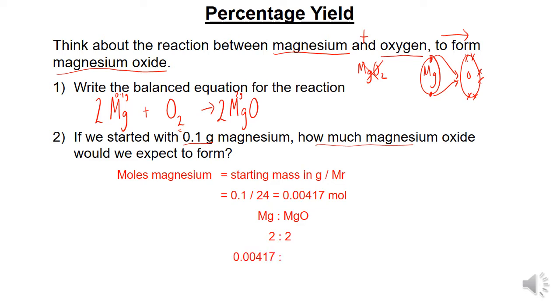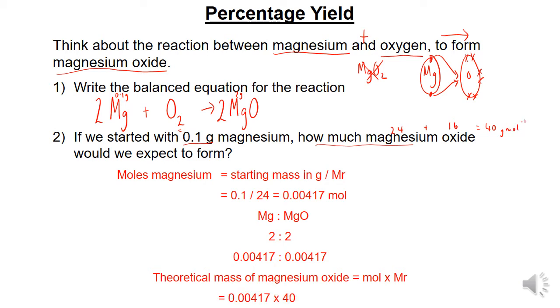So if we've got 0.00417 moles of magnesium, we would expect to form 0.00417 moles of magnesium oxide as well, because it's a 1 to 1 reaction. So we can therefore work out our theoretical mass of magnesium oxide, which would be the moles of magnesium oxide times the relative mass. And the relative mass of magnesium oxide would be 24 for the magnesium plus 16 for the oxygen. So that is a relative mass of 40 grams per mole.